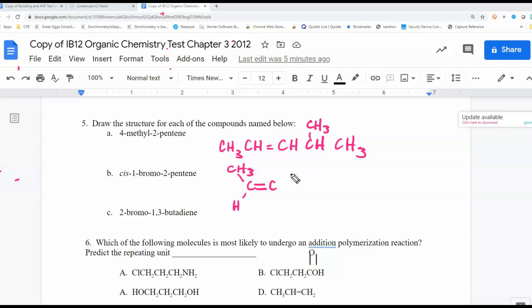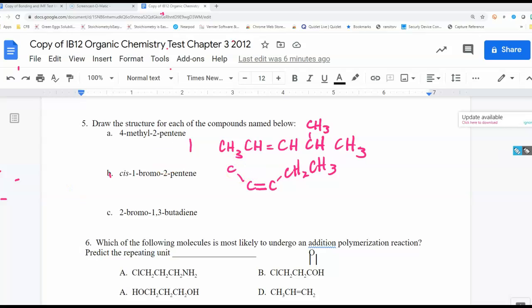And then on the other side, whoops, on the other side, cis-1 bromo 2-pentene, okay. 1, 2, 3, 4, and let me make sure that I do this correctly. This disappears. Okay.